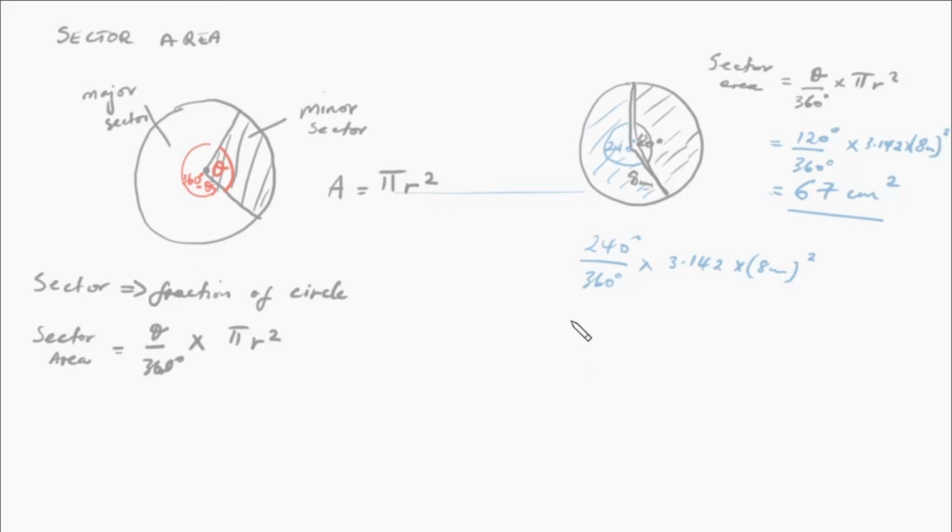That gives you 134 centimeters squared. So in a nutshell, that's how we calculate the arc length as well as the sector area. Until we meet again next time.